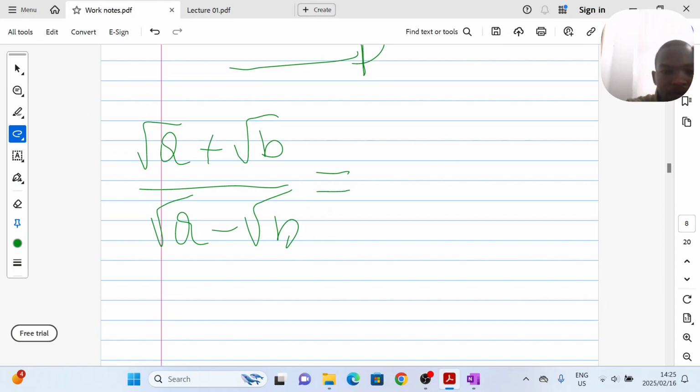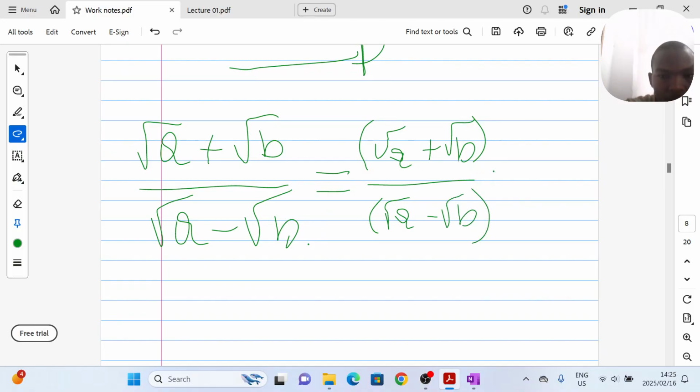The meaning of rationalizing the denominator is to multiply both the numerator and the denominator with a new term, which is the same as the denominator, but changing the sign that is in between. So this is going to be the same as the square root of a plus the square root of b all over the square root of a minus square root of b. Now, what is the conjugate of the denominator?